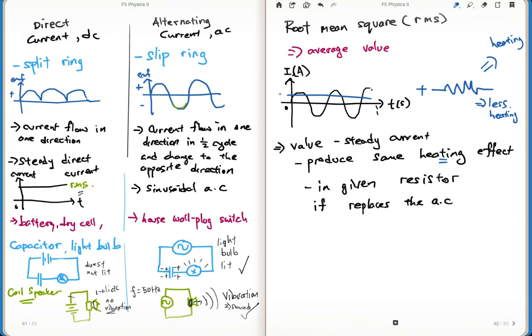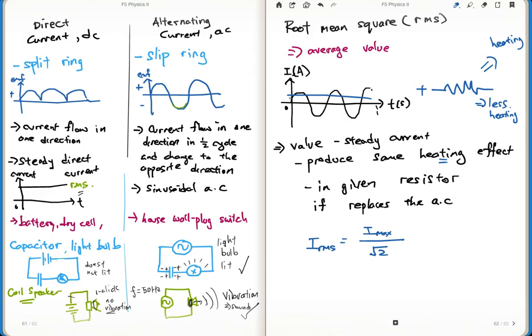What would this value be? In order to get it, your RMS value is actually your current maximum divided by root 2. That's all. You don't need to really find out how to derive it.